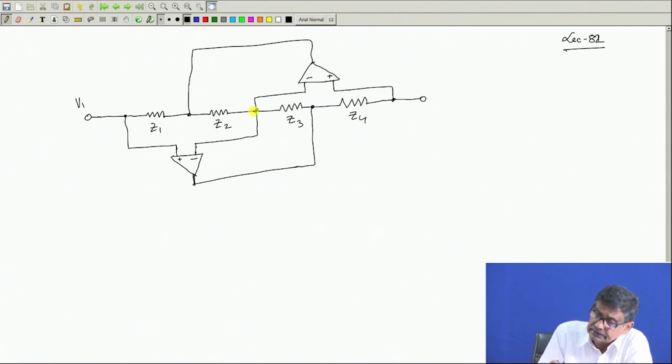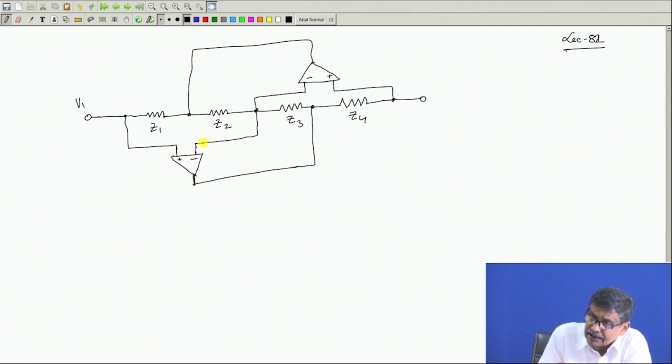Looking at the network, we treat these op amps to be ideal, therefore there cannot be any current in the input side of the op amp. So, the voltage difference between these two potentials must be zero. Therefore, it is V1, it is V1.